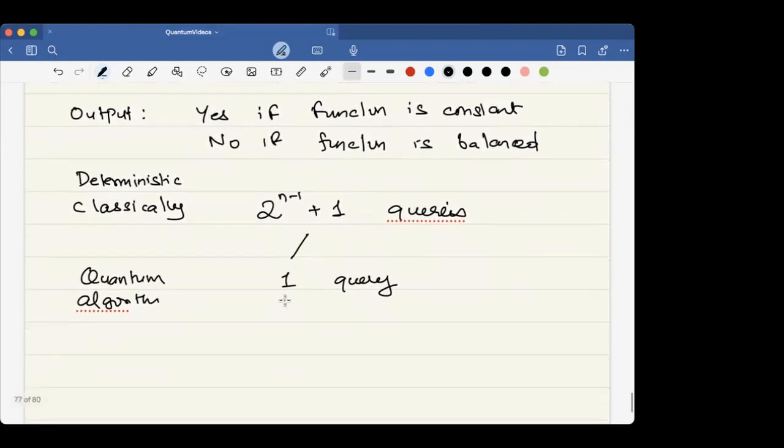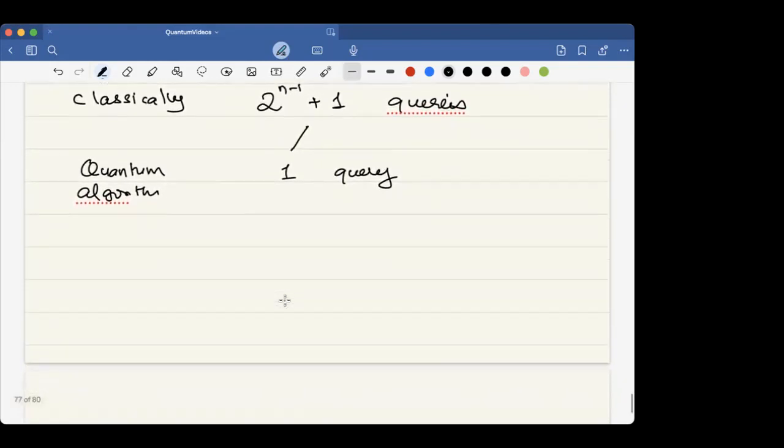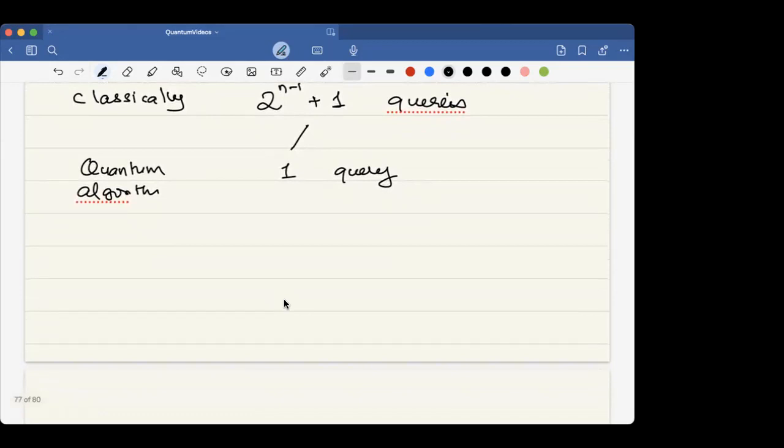Before we go into the details and draw the circuit of the Deutsch Jozsa algorithm, let's have certain facts with us.